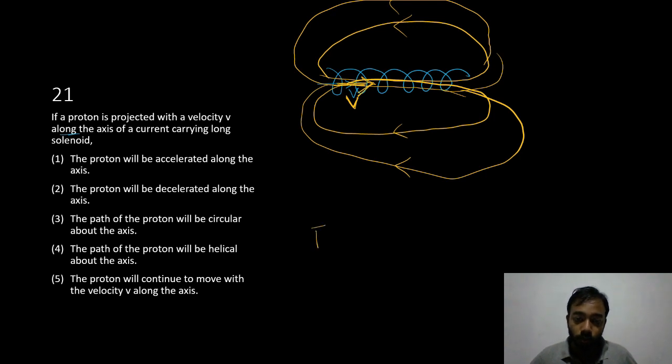So the force on this proton is given by F is equal to BVQ sin theta. Here B is the magnitude of the magnetic field, V is the velocity of the charged particle and Q is the charge.